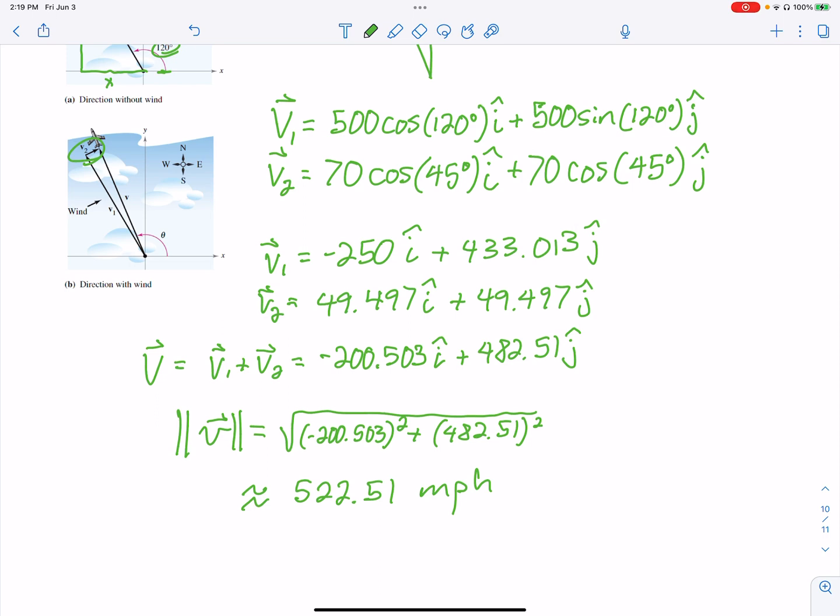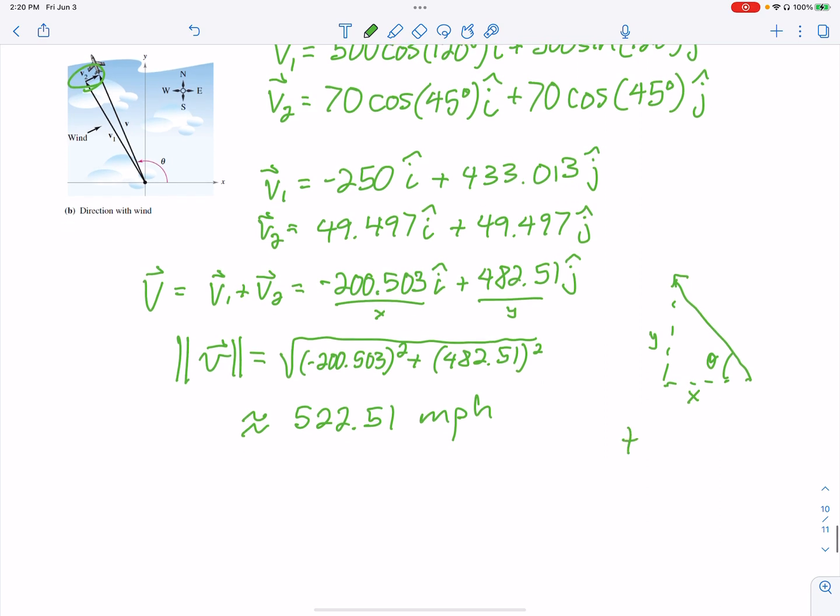And then they also want a direction. Now, here's the deal. Here's V. Let me draw a better one. I have V. And I know that V has different components. V has this for the x component and this for the y component. So if this is y and this is x, maybe I can find this angle. They want the direction, which an angle would be great for. I could use trig to figure that out. Tangent of theta is opposite over adjacent.